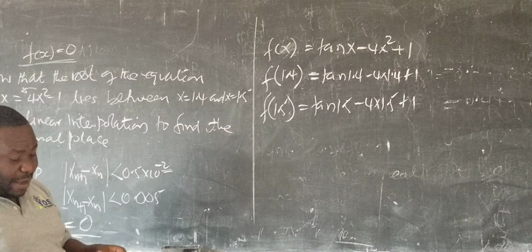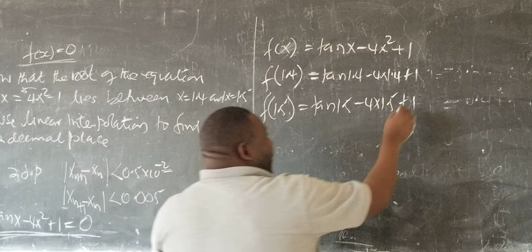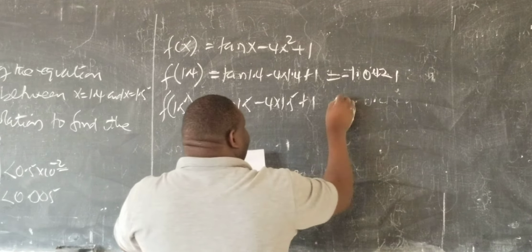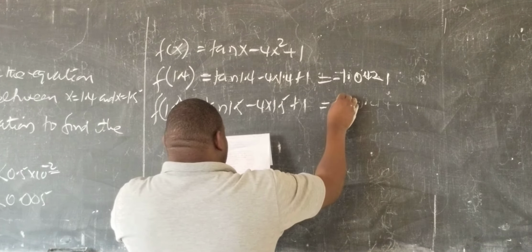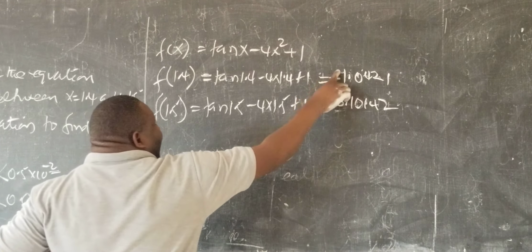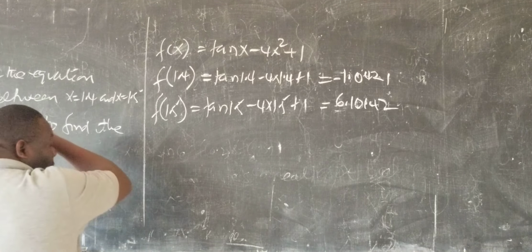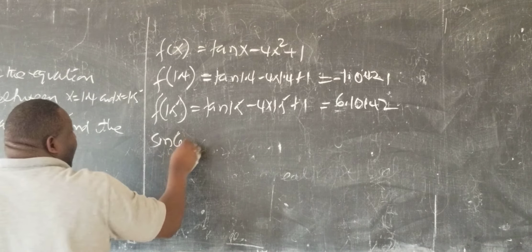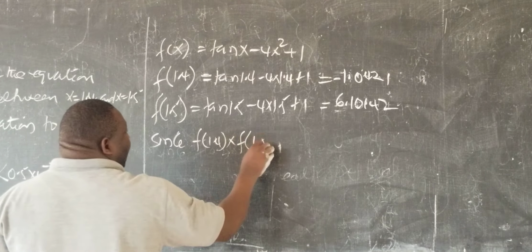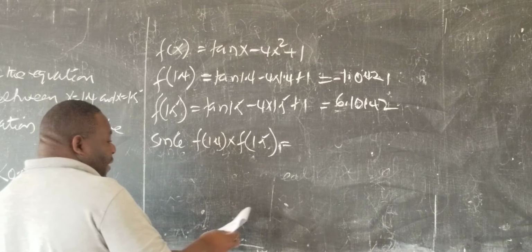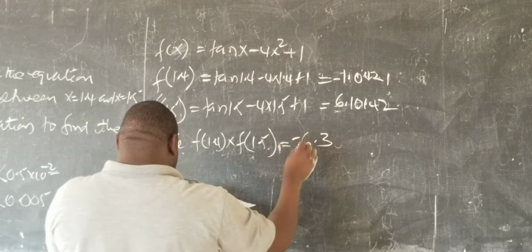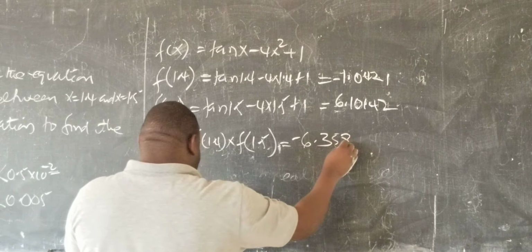When you use the calculator, f of 1.4 is negative 1.0421 and f of 1.5 is 6.10142. Since there is a change of sign, negative to positive, we confirm this by multiplying: f of 1.4 times f of 1.5 equals negative 6.3583.